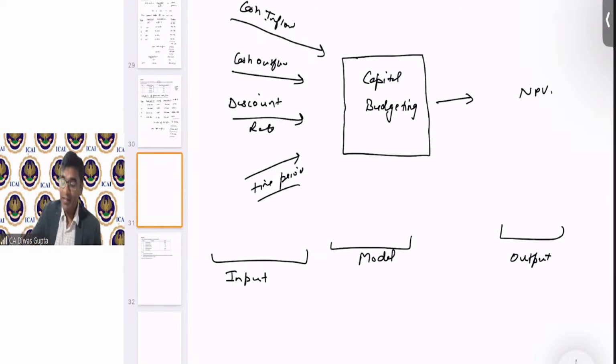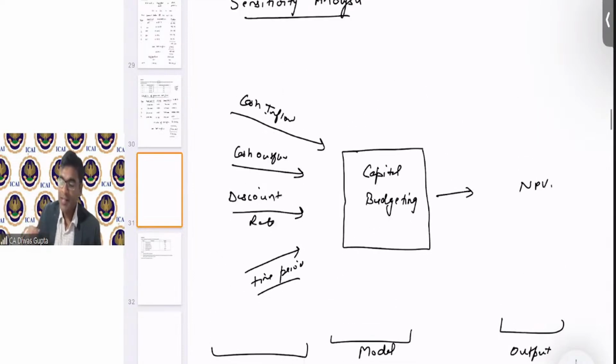What is sensitivity here now? Sensitivity is the change in output when we change one unit of input. Students, sensitivity in any situation would mean how much your output will get impacted by a single change in your input while keeping the other inputs the same.